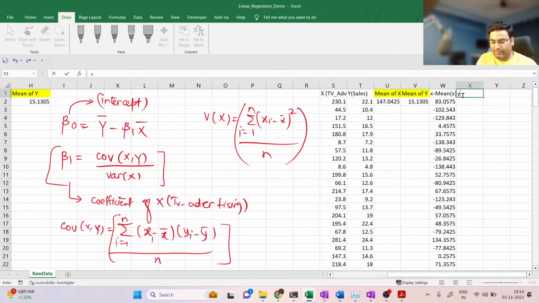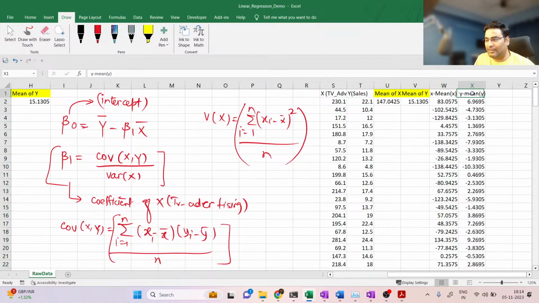Similarly, we'll do y minus mean of y. So we'll do this minus this, and freeze it and run it. Now you have the difference from the mean, of each of the data points. Then you will do the product of these two.